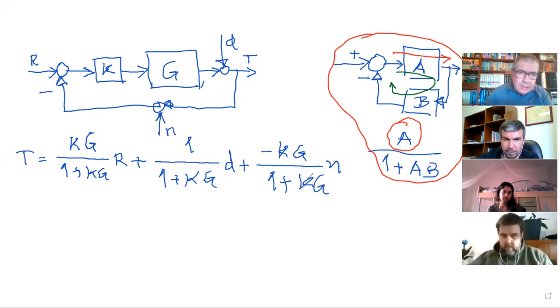Now the game is that T tracks R, but is not affected by D or N. So KG should be what here, for T to be close to R? Big. KG big.